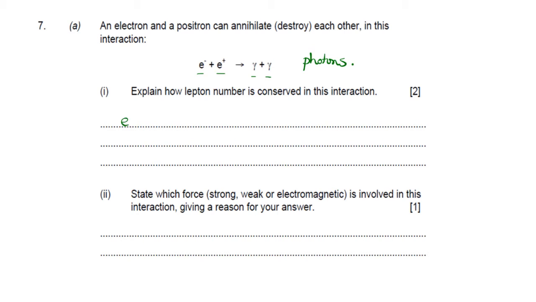So the electron has lepton number +1. The positron is an anti-lepton, so it has -1. And the photons are not leptons, so 0, 0. +1, -1, and 0 is 0. So which force is it?